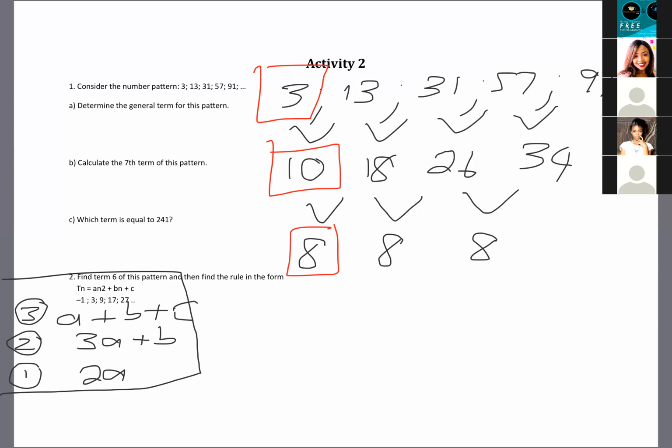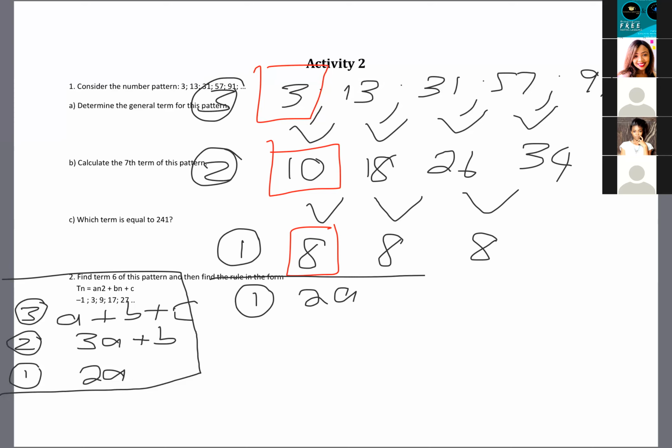Remember, this is 1, that's 2, and that's 3. So I'm going to say that my 2A is equal to 8. And then my second one is going to be 3A plus B.